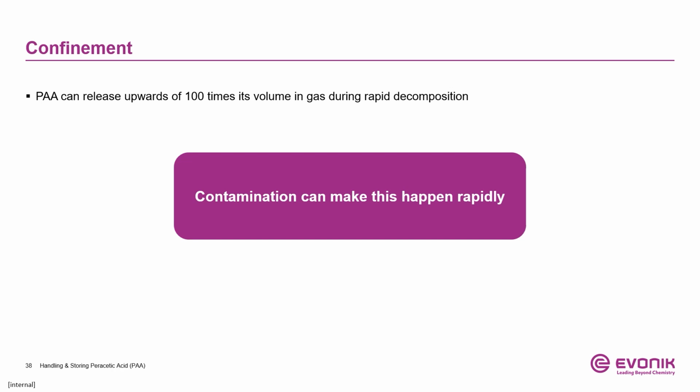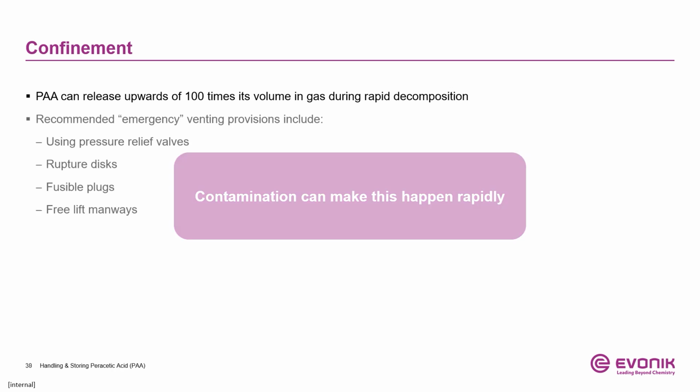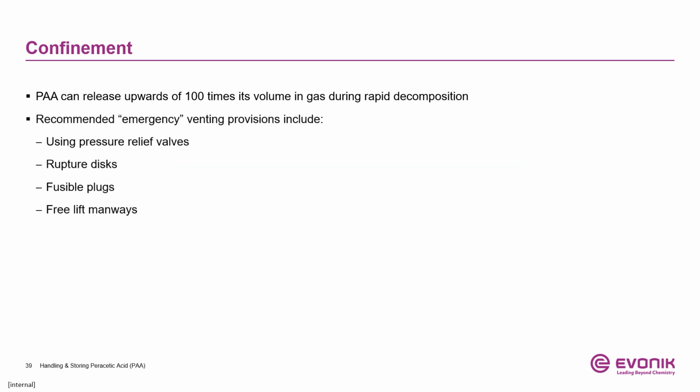PAA can release upwards of 100 times its volume in gas during decomposition. When caused by atypical contamination or heating, this can happen rapidly. The recommended emergency venting provisions include using pressure relief valves, rupture disc and fusible plugs, and free lift manways.